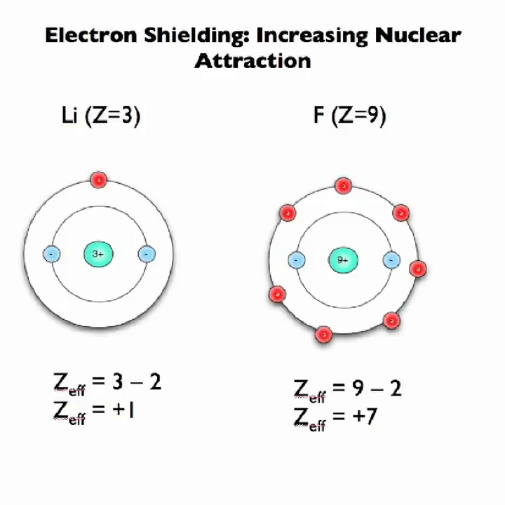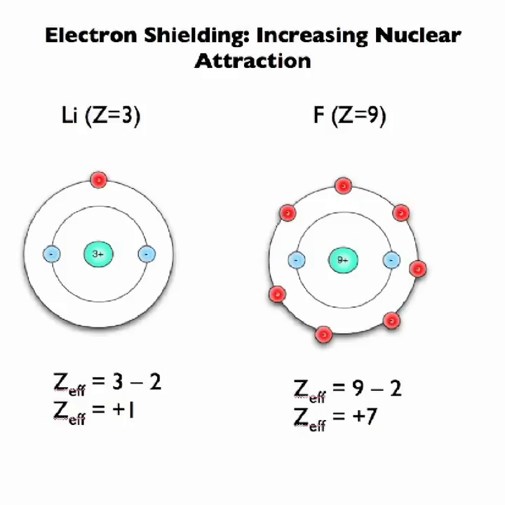Fluorine has an atomic number of 9, so it has 9 protons and 9 electrons. We have 2 electrons on completely filled inner levels, the core electrons, and we have 7 electrons in the valence shell. So these 7 valence electrons do not feel the complete force of the nucleus. They are shielded by the core electrons.